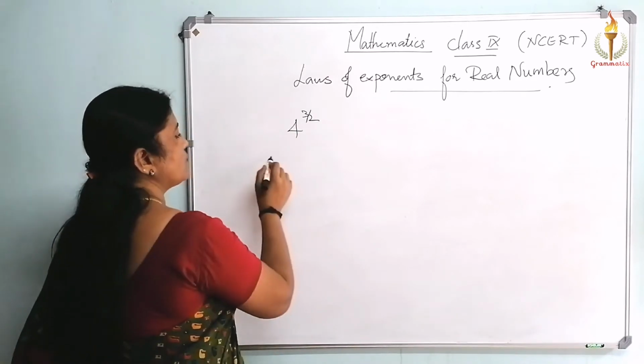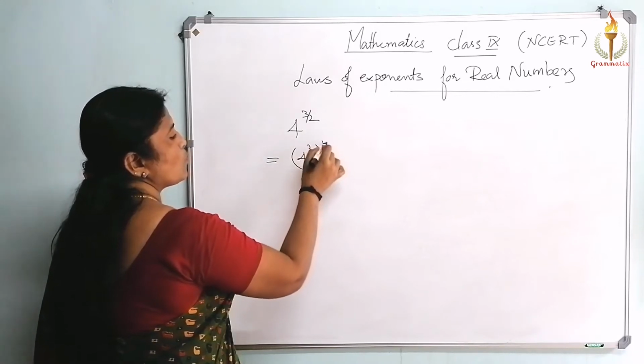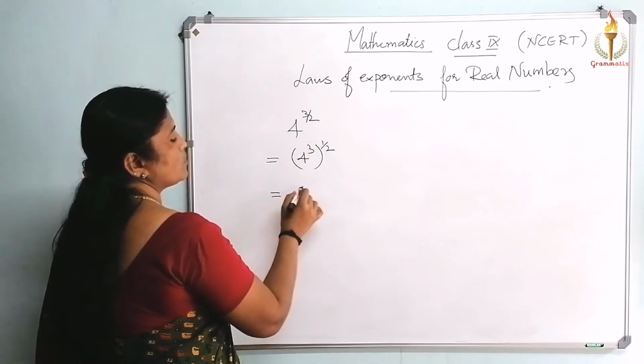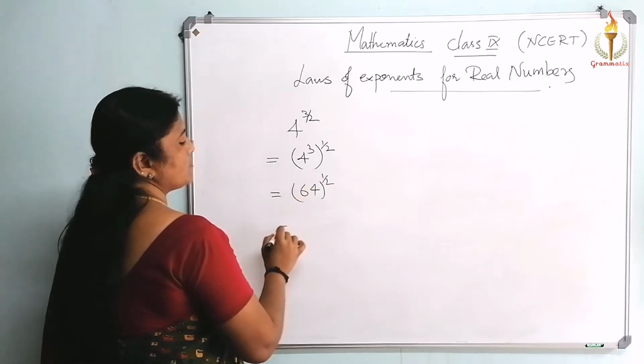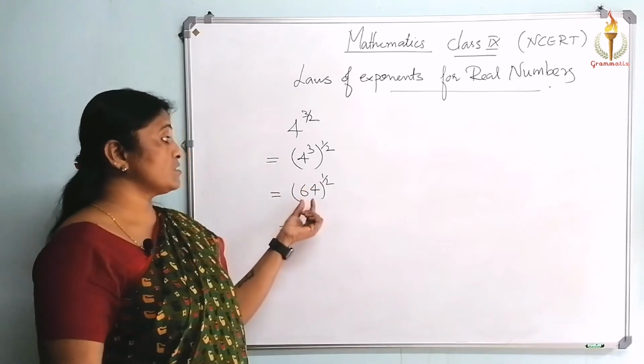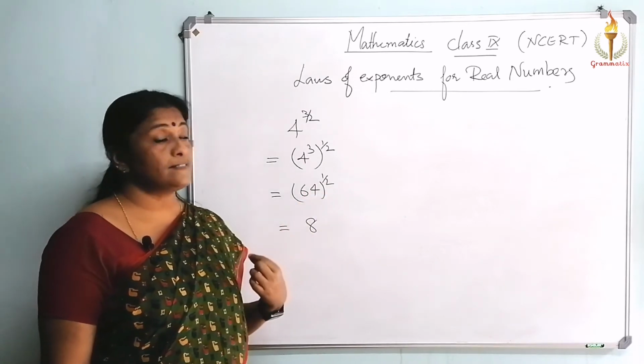The first is 4 cube the whole raised to 1 by 2, that is 64 the whole raised to 1 by 2, which is the square root of 64, and that is 8.